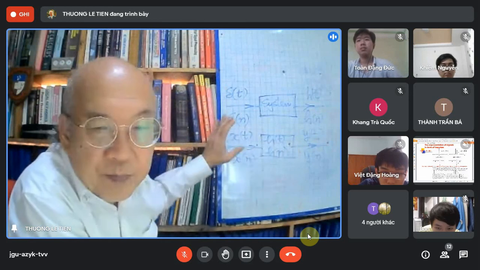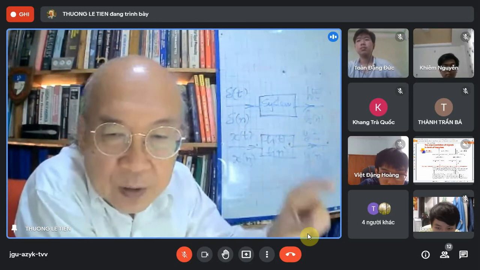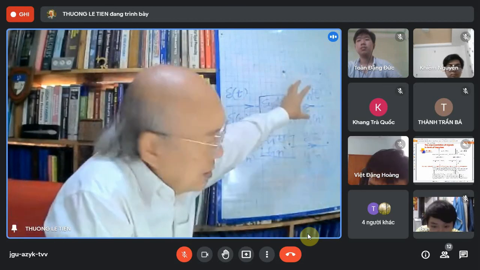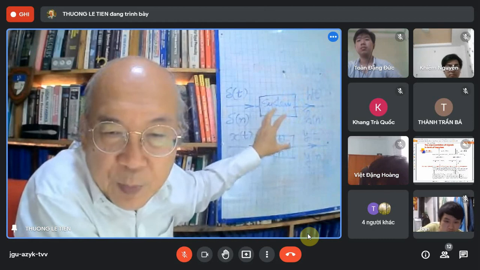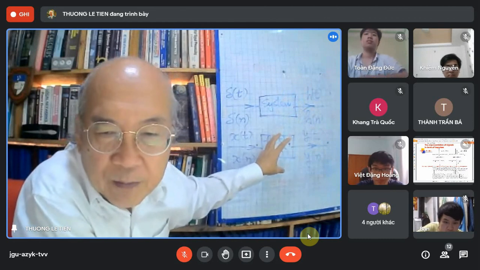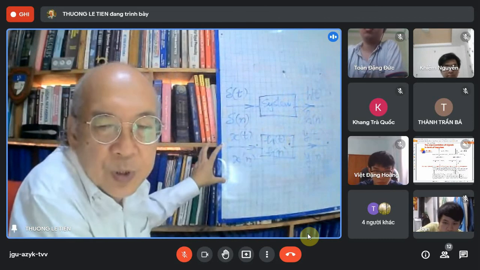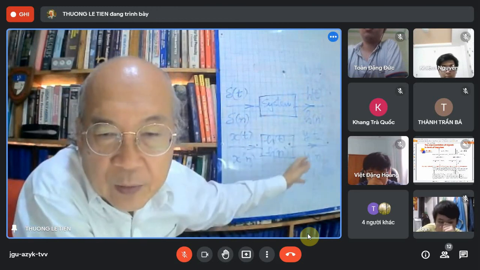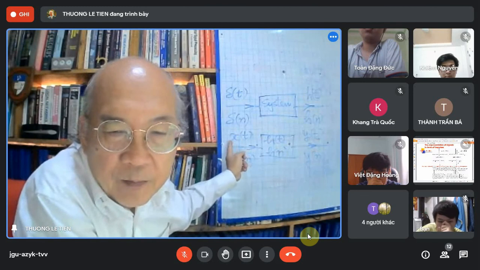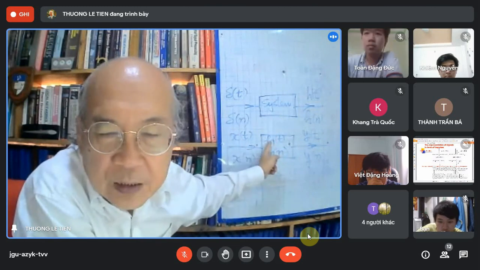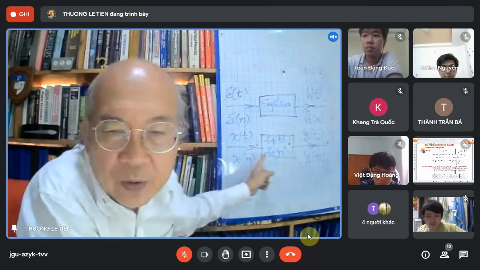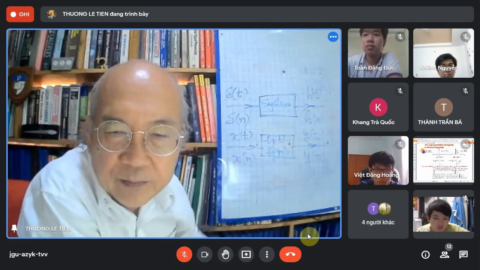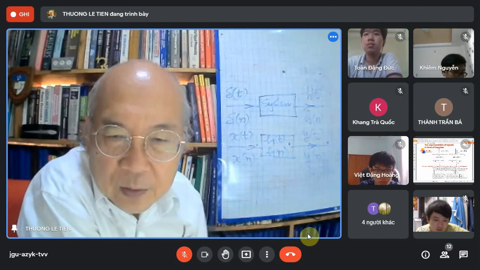In the case of an arbitrary input signal, we take h(t) or h(n) to specify the response of the system to the input signal, and then we get y(t) or y(n). We know y(t) equals x(t) convolved with h(t), and y(n) equals x(n) convolved with h(n).